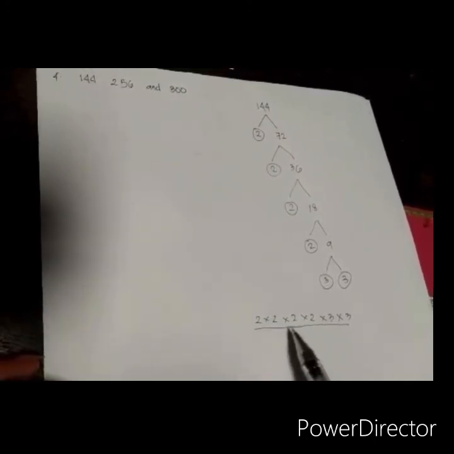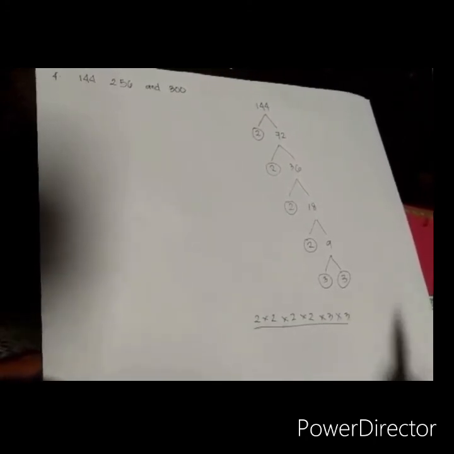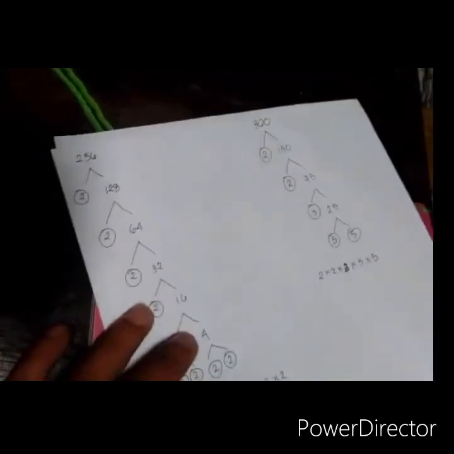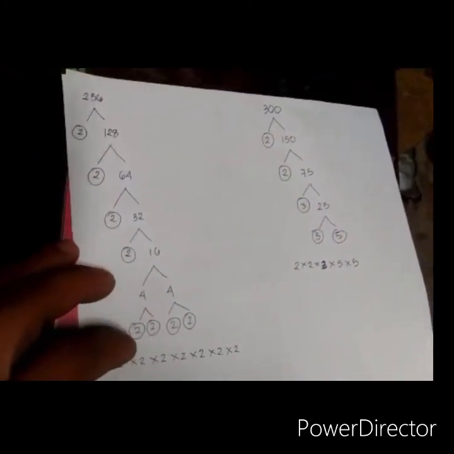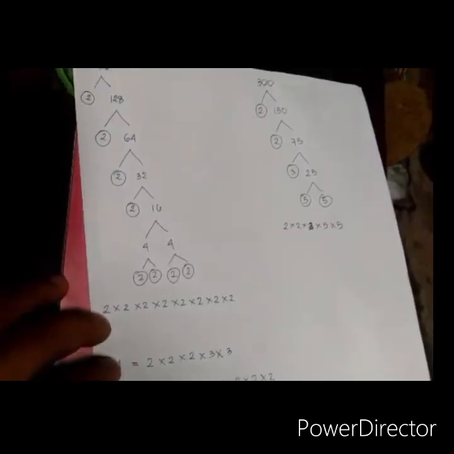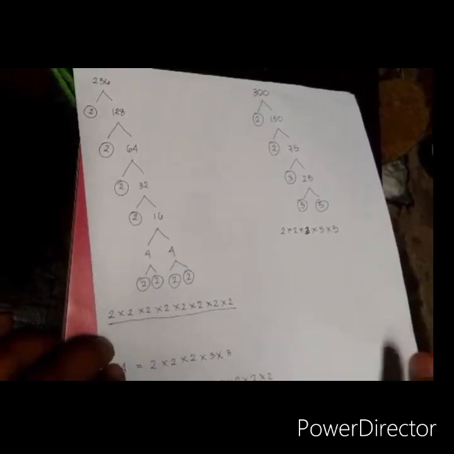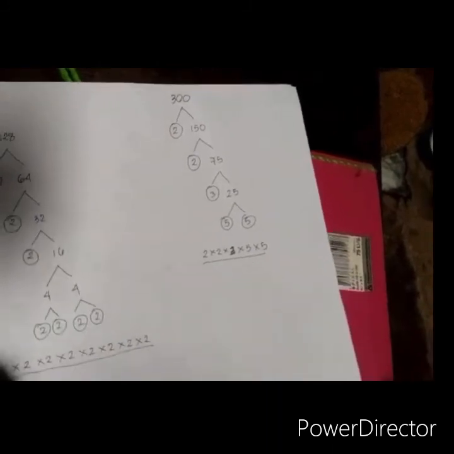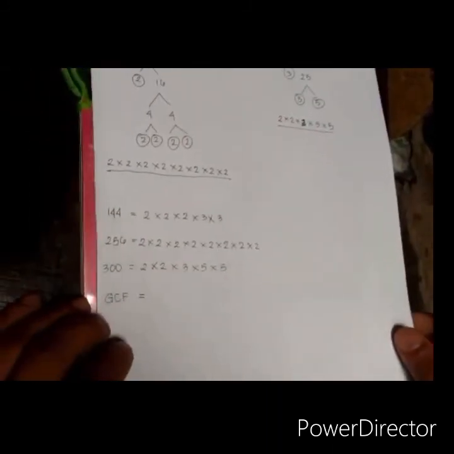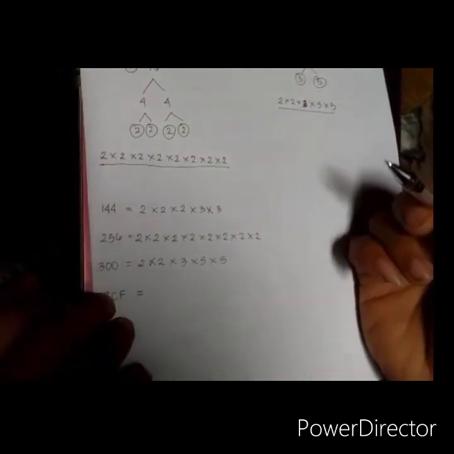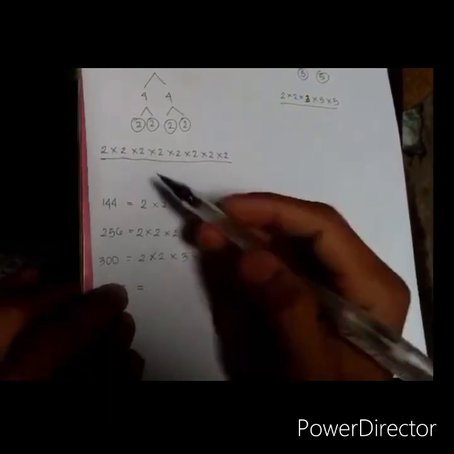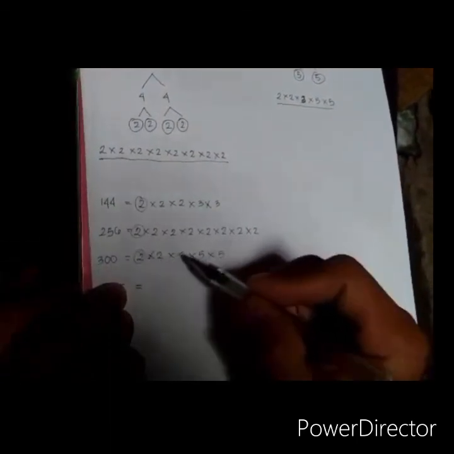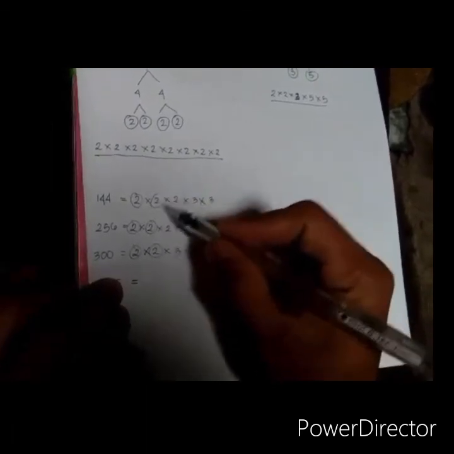So these will be the prime factors of 144. Same process with 256 and 300. In 256, these will be the prime factors, and the same for 300. In getting the GCF, let's find the common factors. 2 is the common factor.